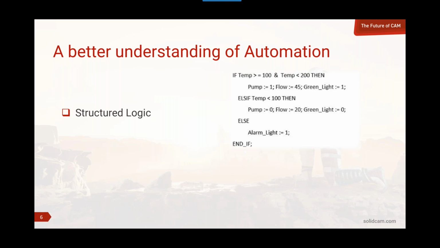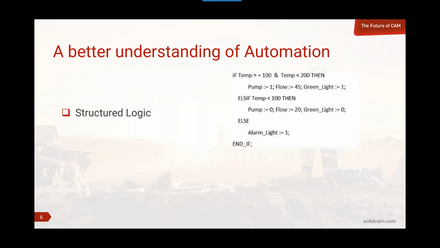And in this case, the else if is, well, if the temperature is below 100, so the first option wasn't true, the second option is if it's less than 100 degrees, then we want to turn the pump off, set the flow to 20 CFM, and turn the green light off to let everybody know it's not running, okay?